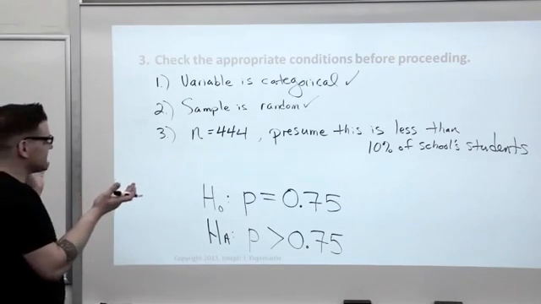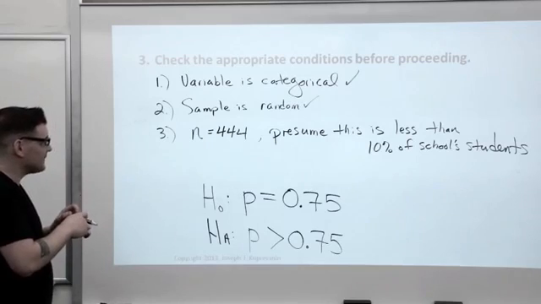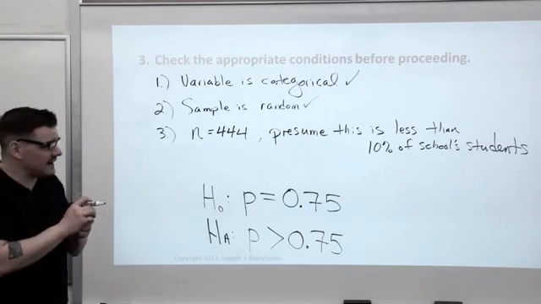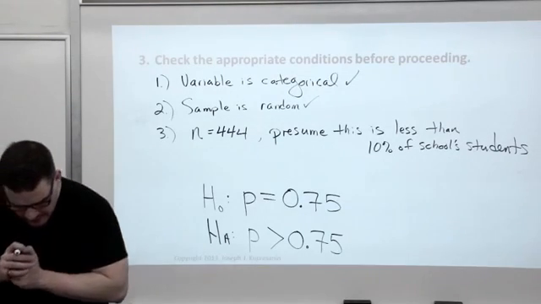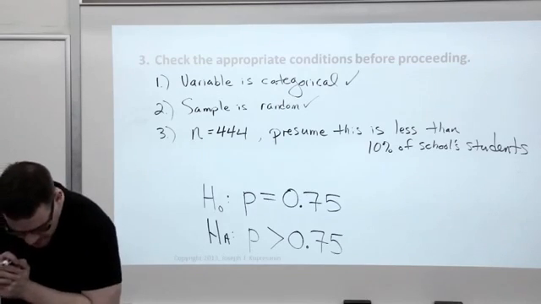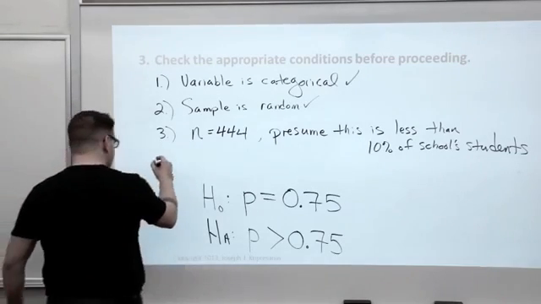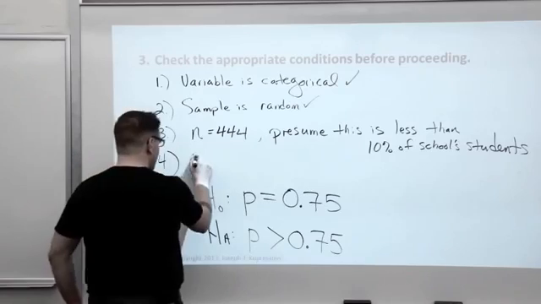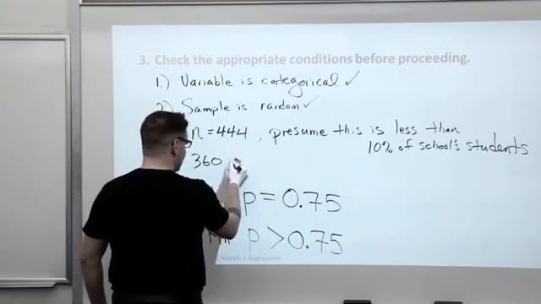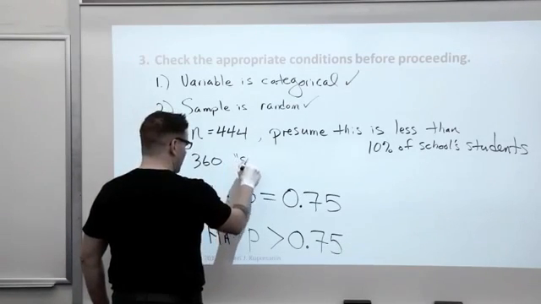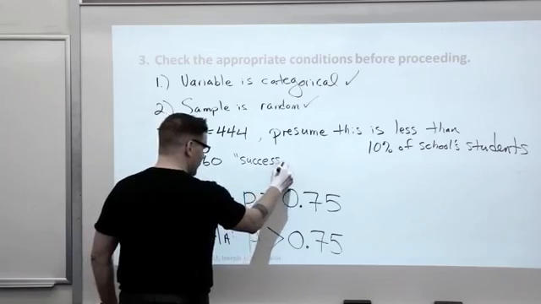And what's the last condition? I need at least 10 successes and 10 failures in the data set, and we have those, right? How many students cheat? 360 admitted to cheating at some point in some form. So we have 360. Oh, you want to put quotes? I don't know if a success is cheating or not.